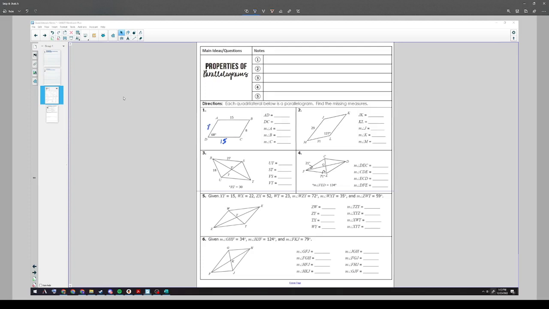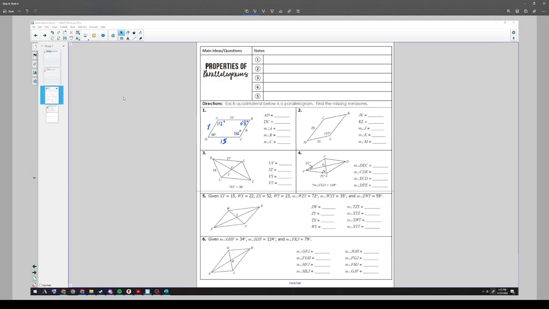We know opposite corners are equal, so this is 68 degrees. And we know that the consecutive ones are supplementary, so that must be 112 degrees. And then this one must be as well. So we should have filled in everything now, so hopefully that's everything they've asked for.